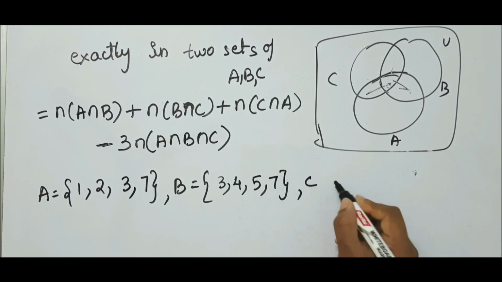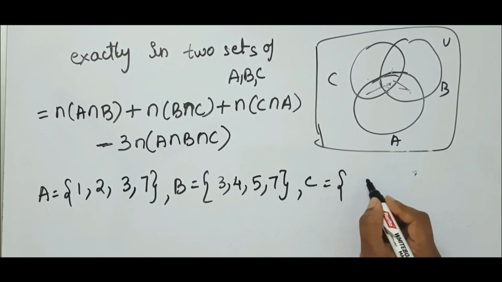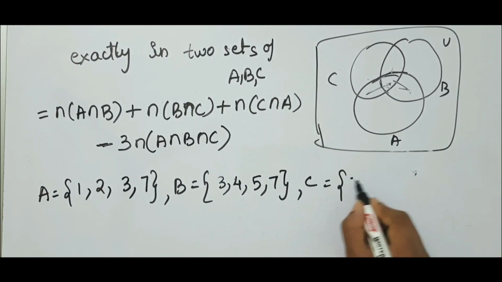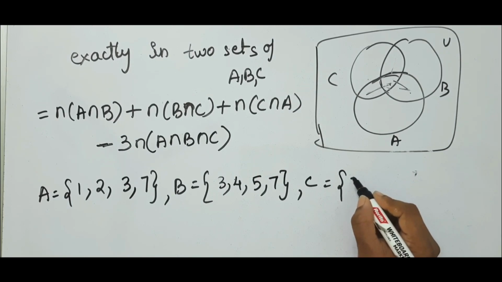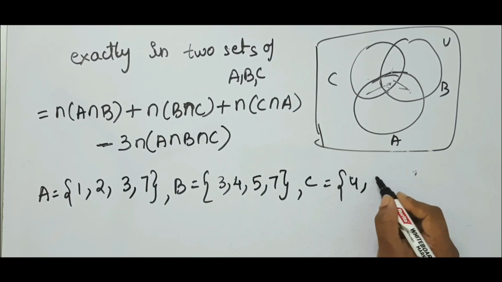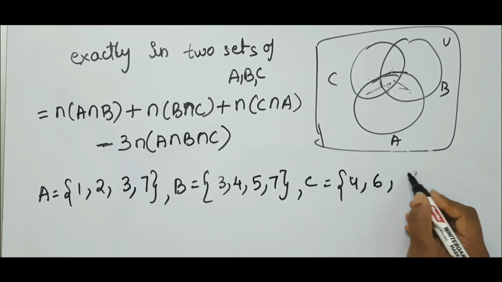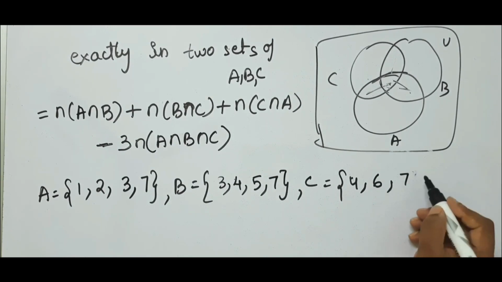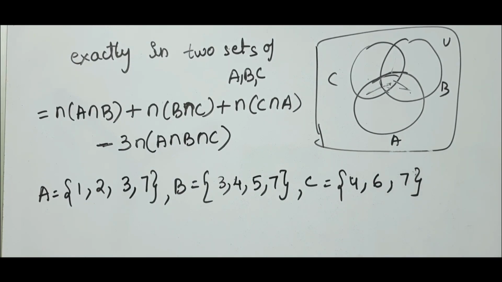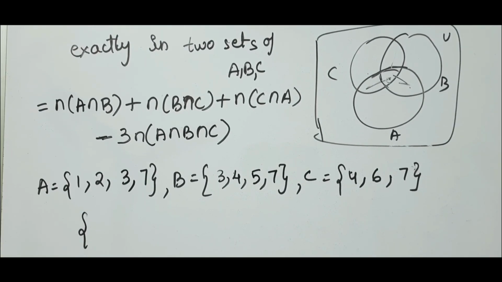Set C is equal to {3, 4, 6, 7}. Okay. Now, we have to get a set which contains the elements which are common in two sets. At least it should be common to two sets.